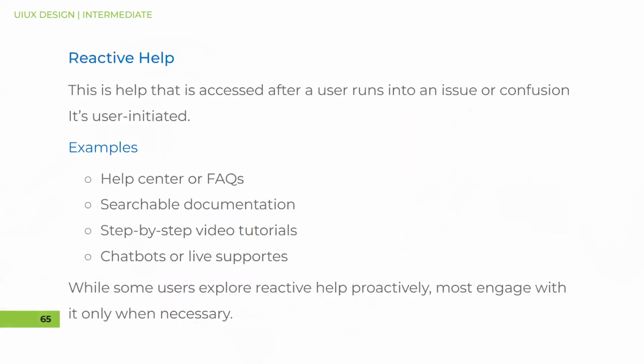Okay. So we have the second one to be reactive help. This is help that is accessed after a user runs into an issue or confusion. It is user initiated. Examples are help centers or FAQs, searchable documentation, step-by-step video guides and tutorials, and chatbots or live support.